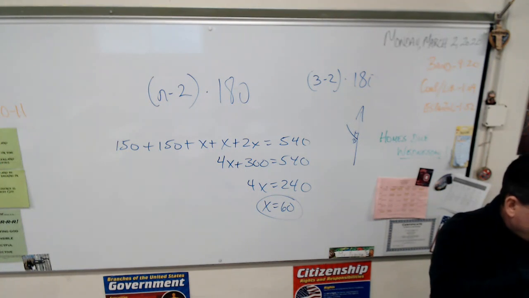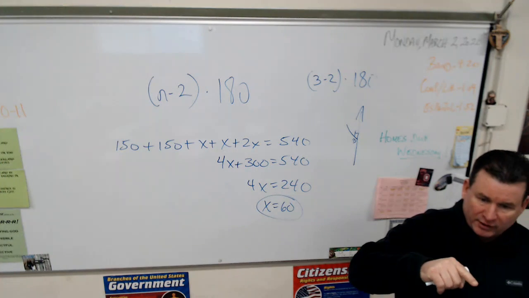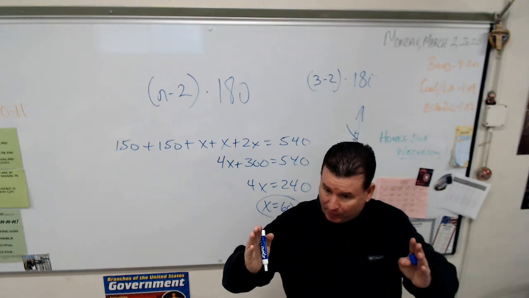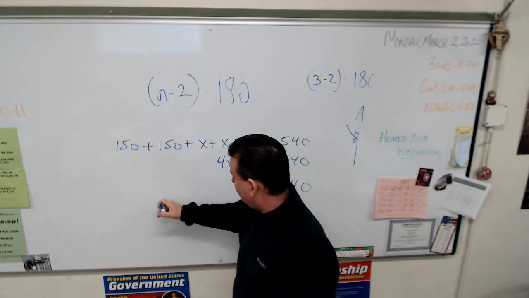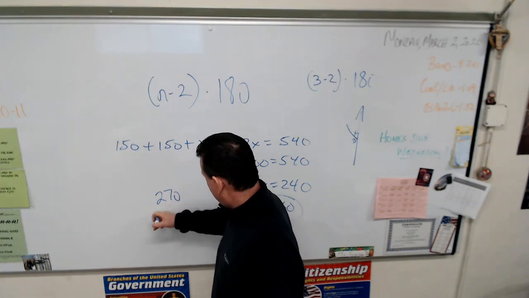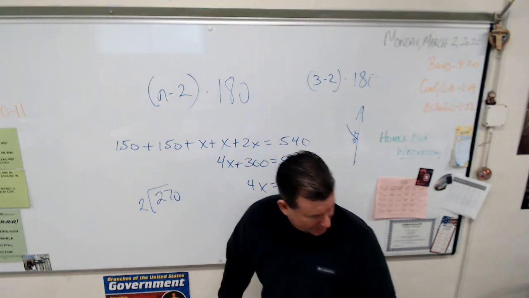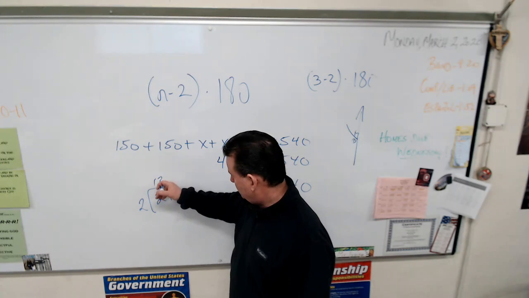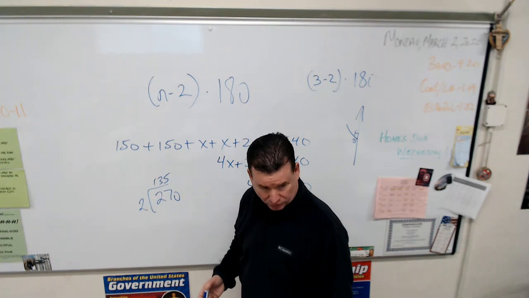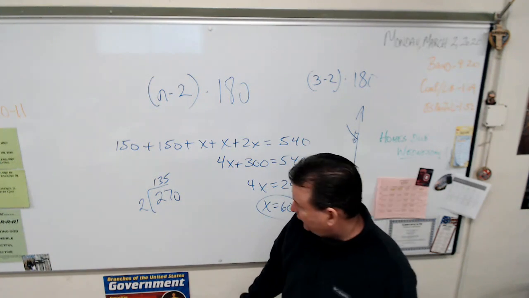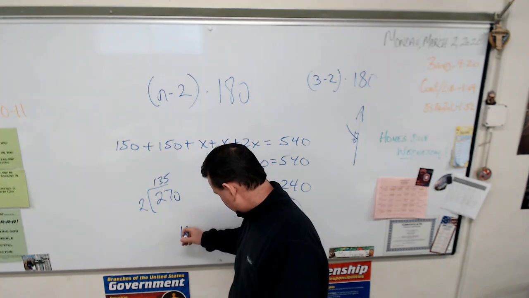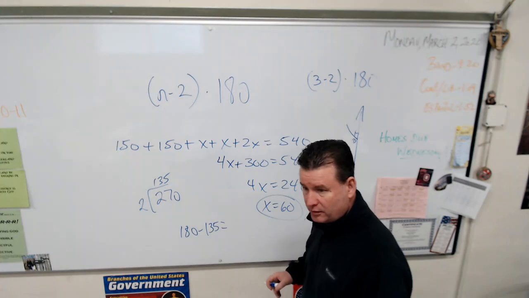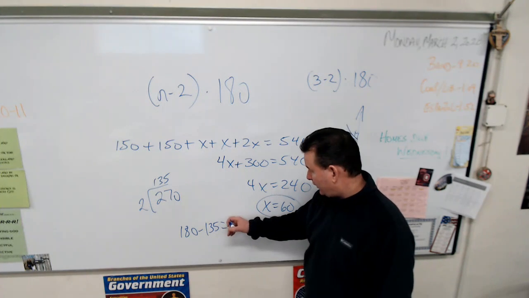Those curved lines tell you that they're both the same, right? So if I have 270 left, that tells me that angles E and B are 135. And if B is 135, x must be 45.